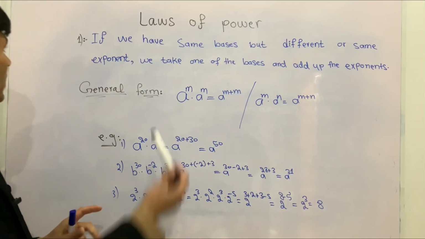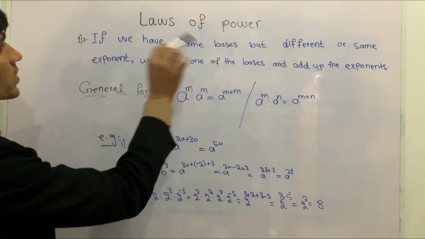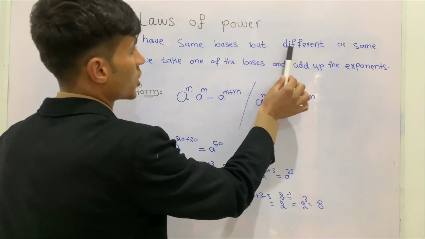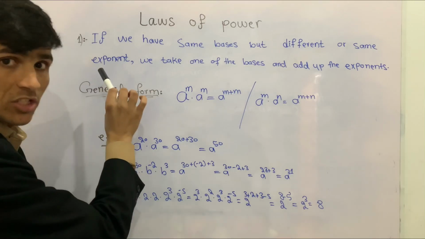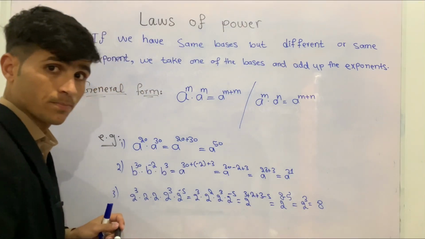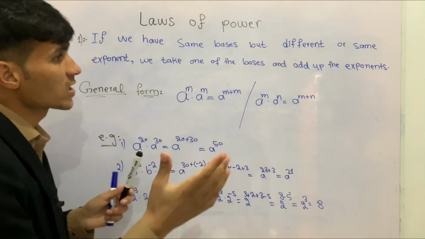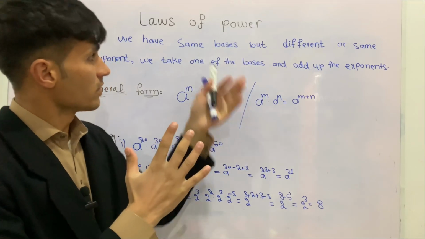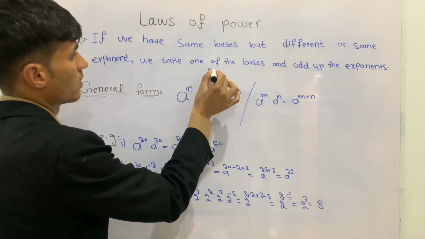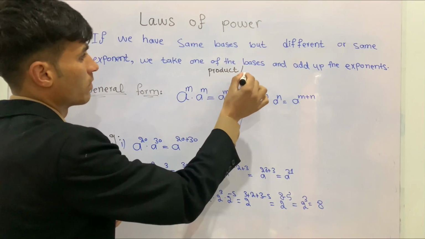Look here, I have written: this is the first law of the power. If we have same bases but different or same exponents, we take one of the bases and add up the exponents. This law works for the product, while we're doing products or multiplication.